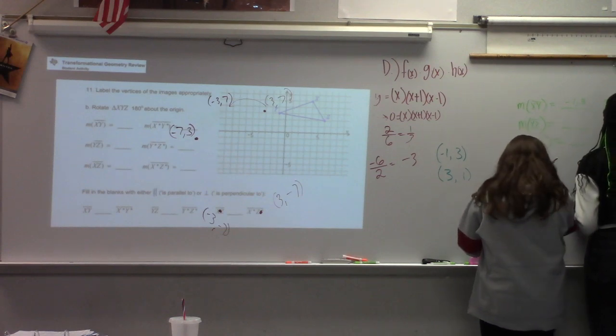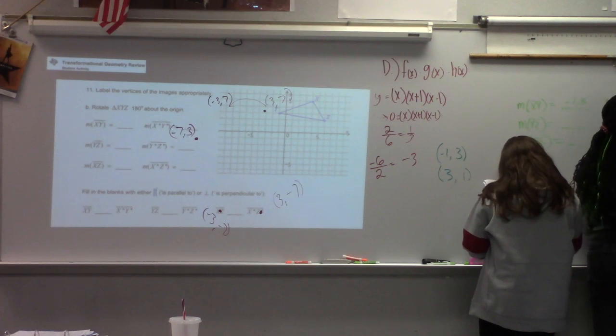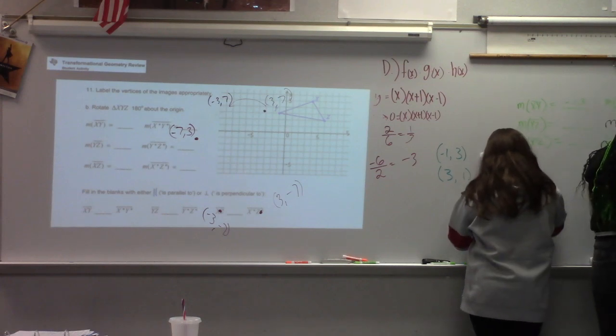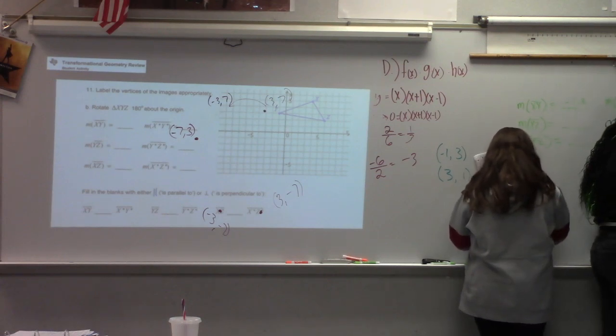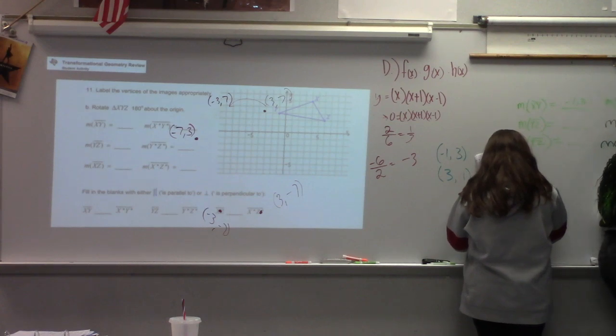Look, you see how this is up 3 to the left 1? So then, to be perpendicular to 3 to the left 1, it needs to be opposite and reciprocal. So it needs to go up to the right 3. See how that's the 3, 1?